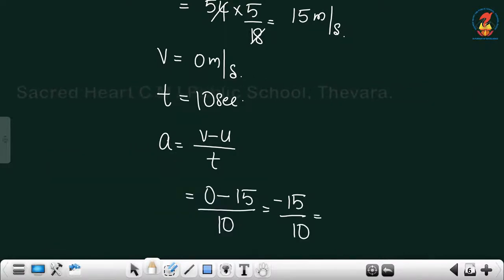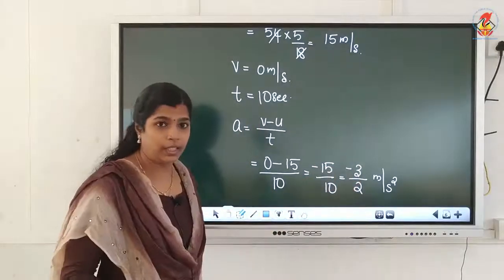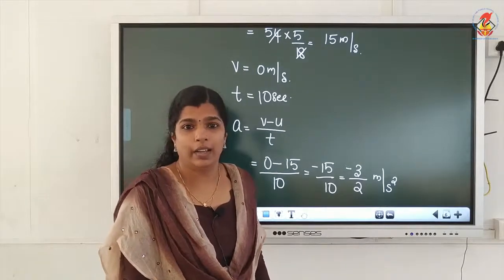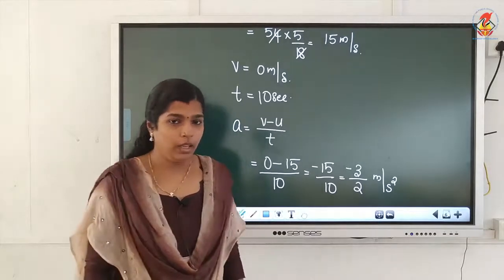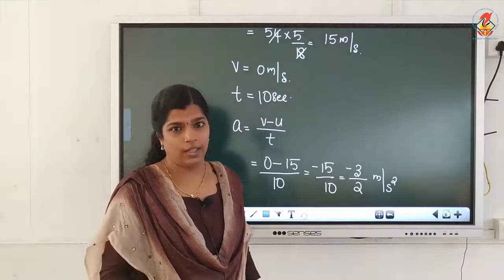Now, when you do the simplification, with 5 you can cancel it. So, minus 3 by 2 meter per second square. A minus sign is here. That means the acceleration is negative, and negative acceleration is known as retardation or deceleration.